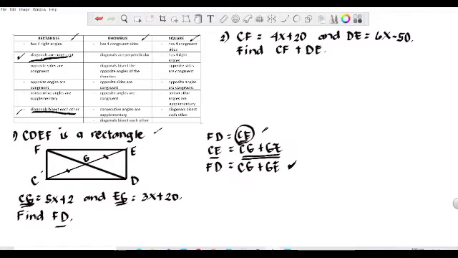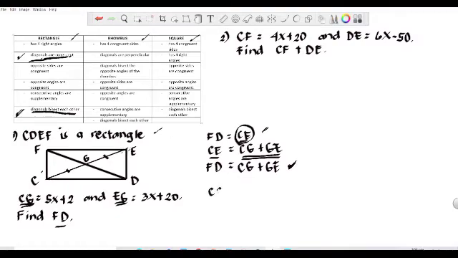So again, going back to the problem, given ang CG at saka GE. Dahil ang sabi dito that the diagonals bisect each other, itong diagonal na FD nahati ang CE into two equal parts sa CG at saka GE. So, ibig sabihin equal, pareho ng measurement ang CG at saka GE.